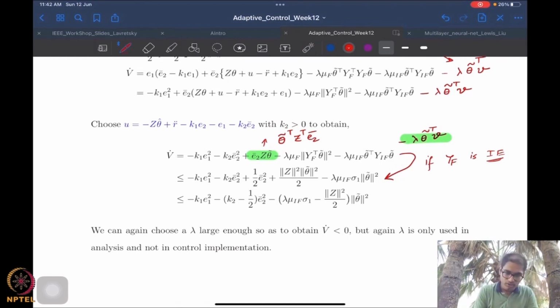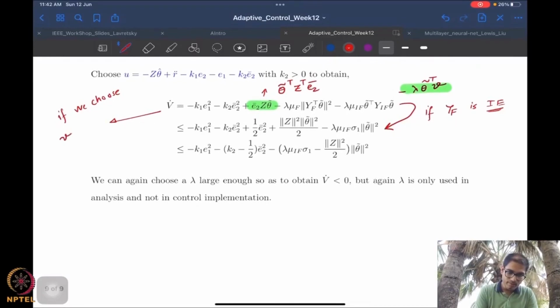So if we choose your V to be, let's see, Z transpose, so this is capital Z, so I'm going to be careful here, Z transpose E2 bar divided by lambda.